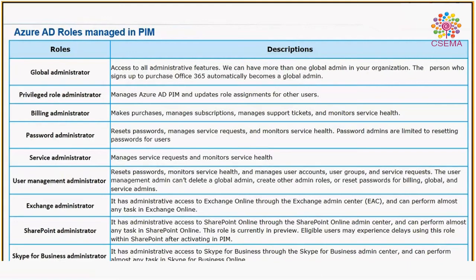So before you implement Azure AD PIM, make sure that using the O365 admin console, I map the same access into that particular role. So I should have the same Exchange administrator role in the O365 login or admin center, and then I can use that role. So that's a kind of limitation.